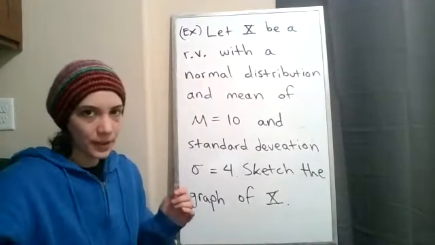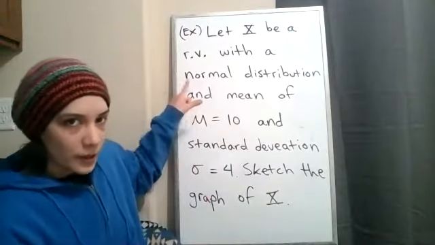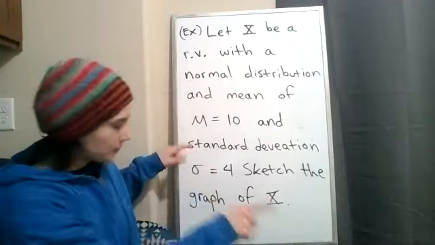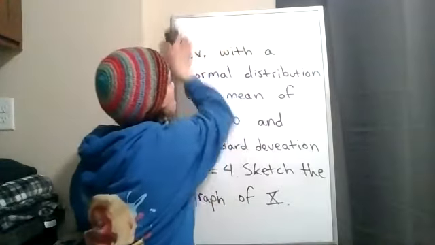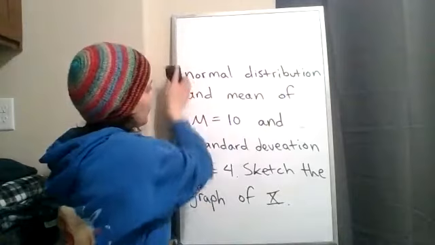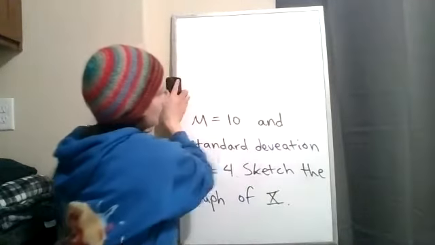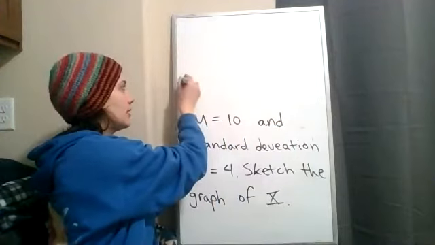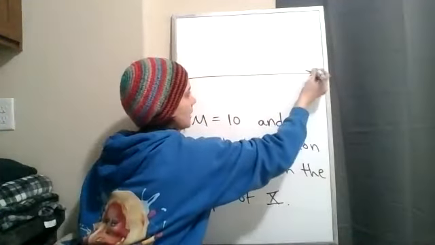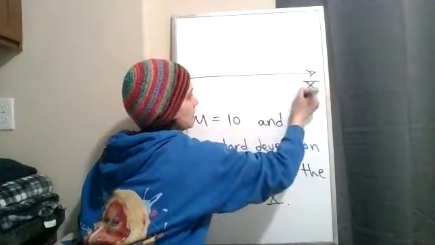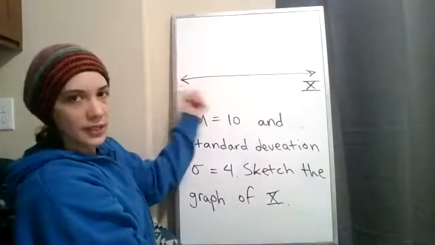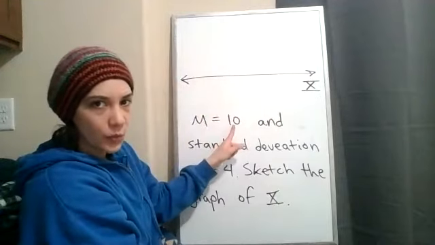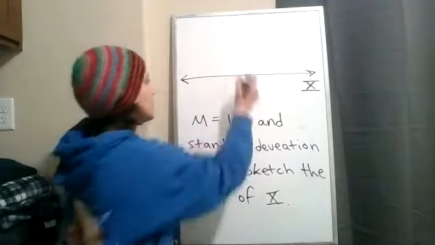Okay. So again, the normal distribution is a bell curve. And the variable we called x, so start there. Right here, we've got values for x. Like towards negative infinity, positive infinity, and 10 we'll put in the middle.